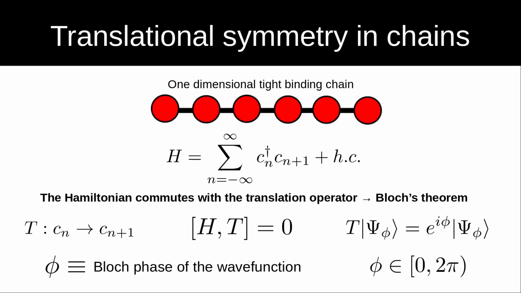And that eigenvalue is, of course, a complex number, e to the i phi. The parameter phi in this symmetry eigenvalue is what we are going to call the Bloch phase of the wave function. So Bloch's theorem is just saying that if two operators commute, there's a common basis for both of them.